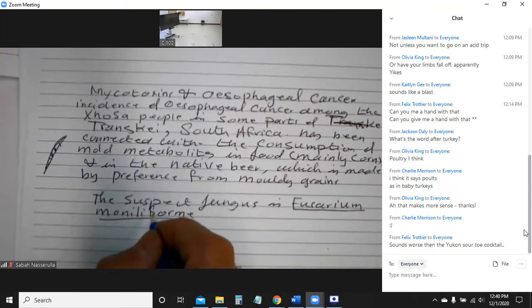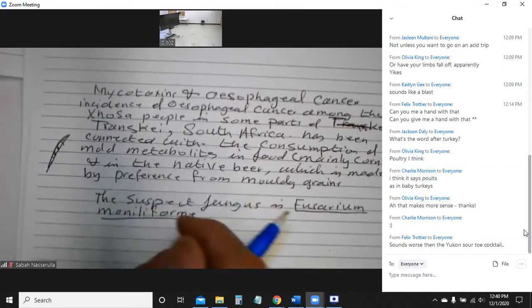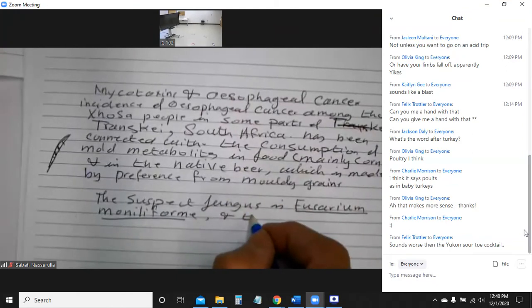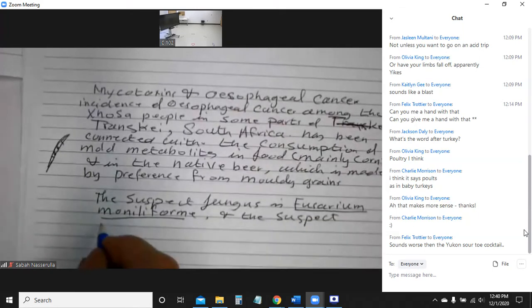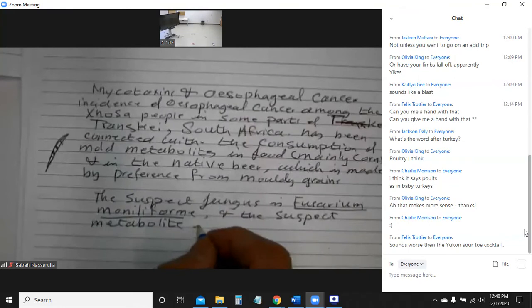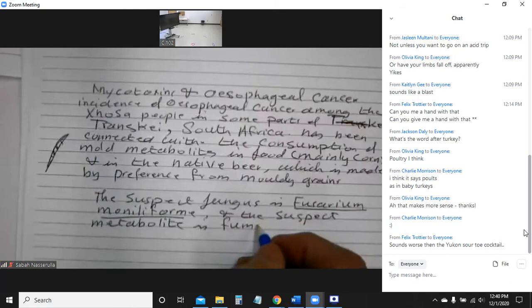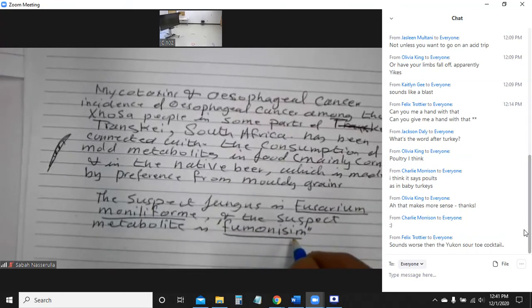And of course the active compound, which we call the metabolite, in this case we name it based on the fungus, and the suspect metabolite is known as fumonisin. We call the compound fumonisin.